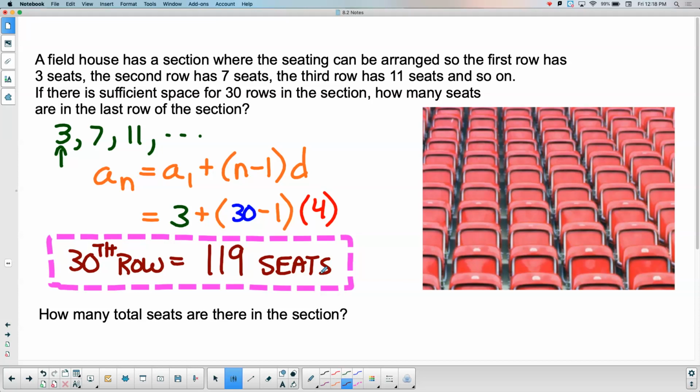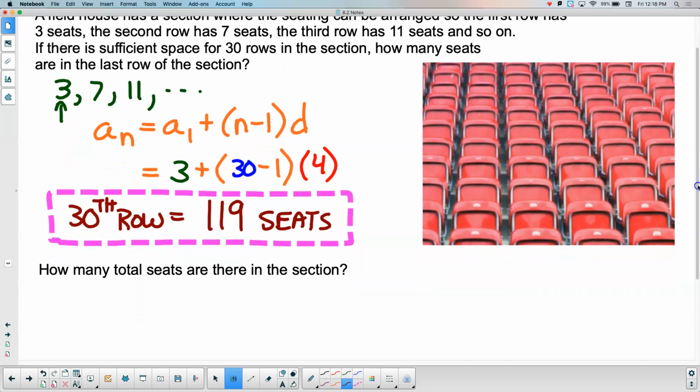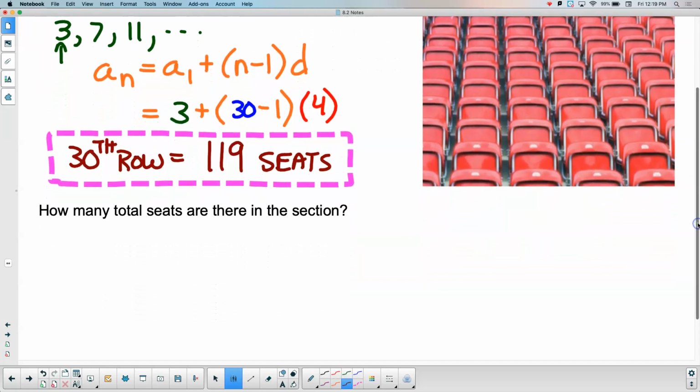How many total seats are there in that section? What was summation notation? Do we need to use summation notation? We don't have to. Wouldn't we want to use the sum formula? Yeah, that too.